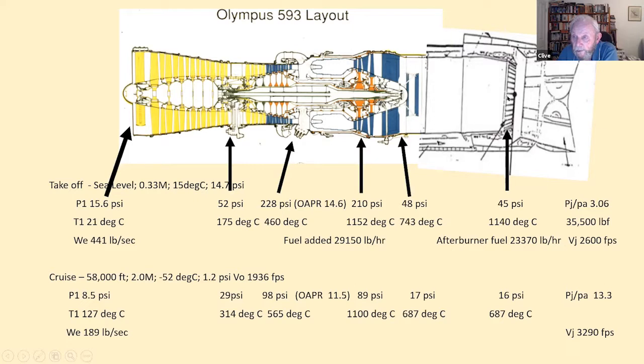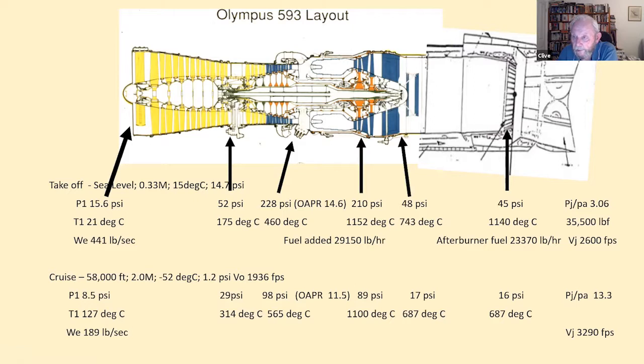The other point to make on that is that these final nozzle vanes were actually controllable, and we were able to use that to advantage later on. And again, I'll come to that in a minute.